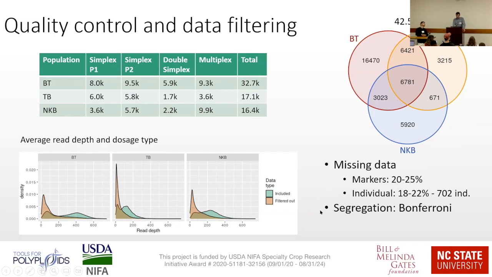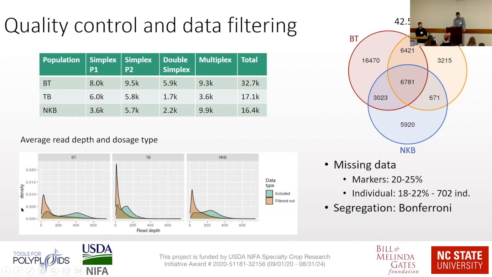Also, as they showed in the previous presentation, we use the segregation distortion filtering, and we use the Bonferroni correction for the individual p-value. And here we have some interesting graphics about what markers we are using in our map. On the x-axis, we have the read depth for the SNPs.